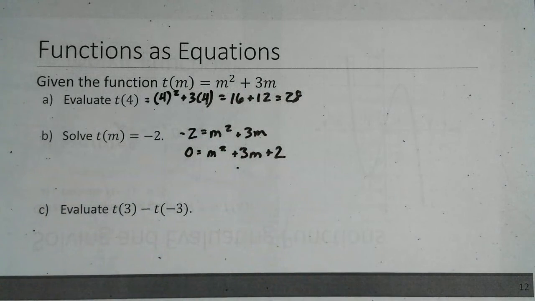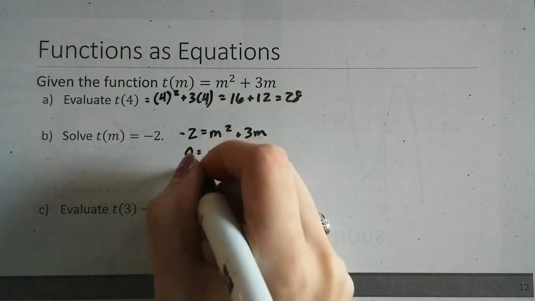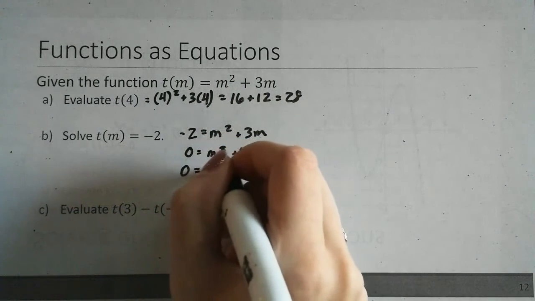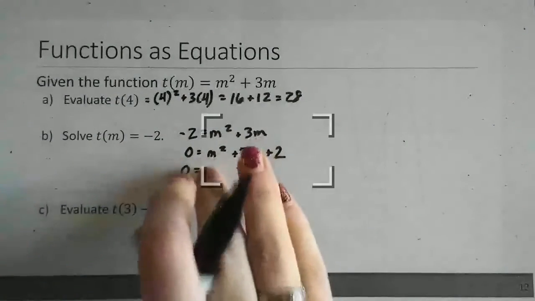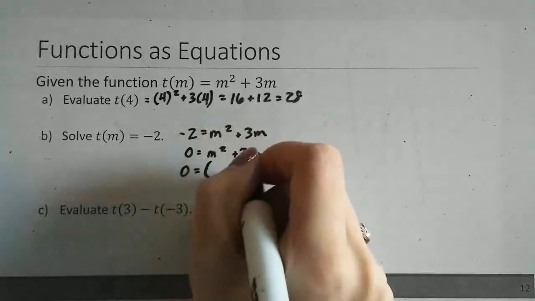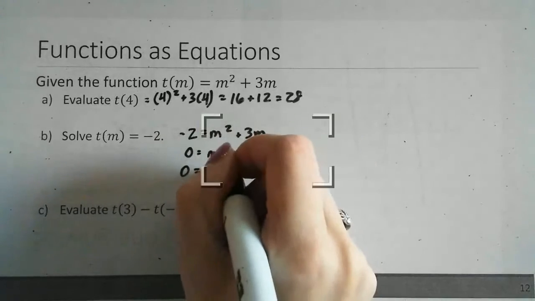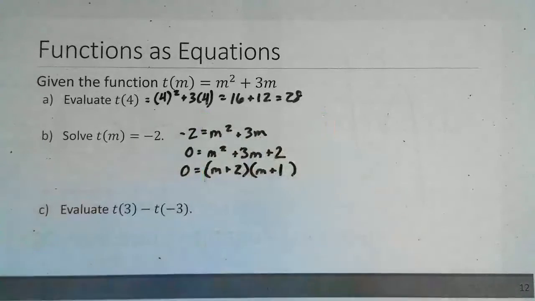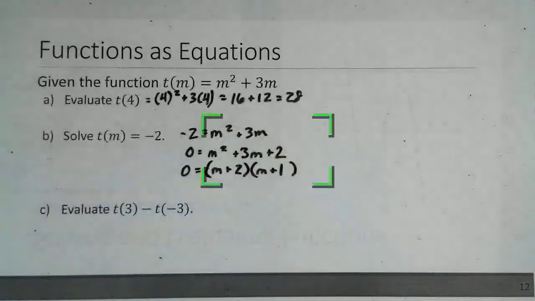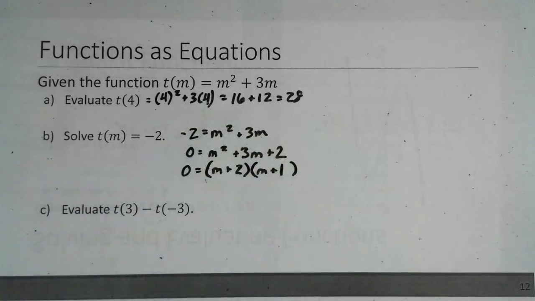At this point, we can use the quadratic formula or we can factor. Because it factors nicely, that's what I'm going to do. That gives me 2 sets of parentheses. M's out front. I need a +2 and a +1. So 0 is equal to m plus 2 times m plus 1.